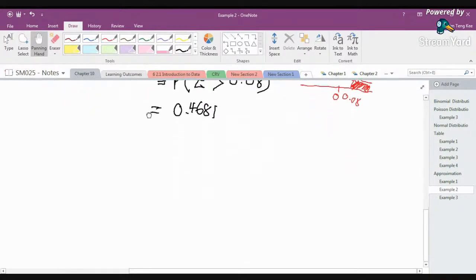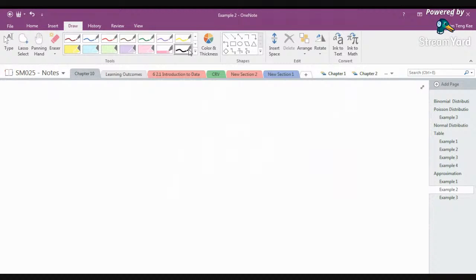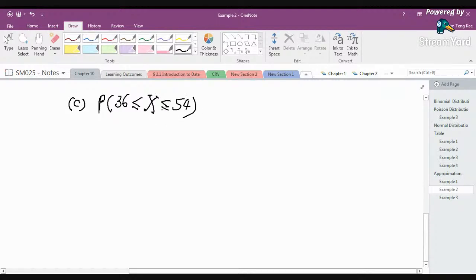Then we proceed to question C. I have P(36 less than or equal to X less than or equal to 54). So be careful.